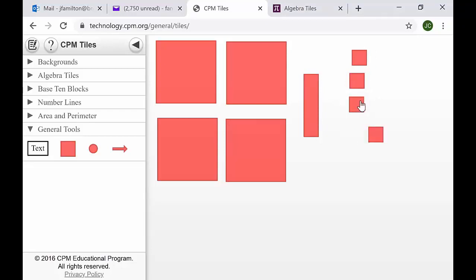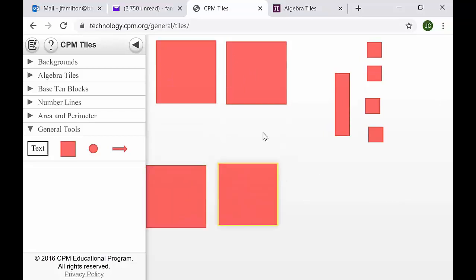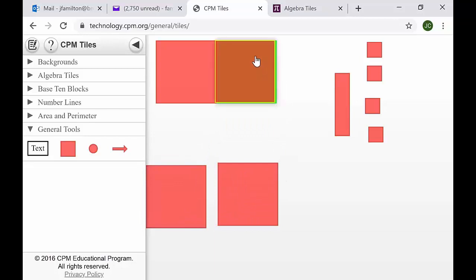So what we're going to do is try to make a base 10. How many base 10 flats can we make from what we have here? Well, we can put these two together, and that will make 98, 99, 100. So that's 1 base 10 flat.